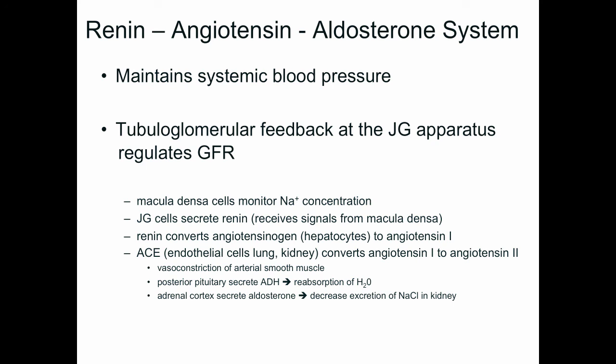The posterior pituitary will also secrete ADH, which will cause reabsorption of water, and the adrenal cortex will secrete aldosterone, which will cause a decrease in excretion of sodium chloride from the kidney. This is just an overview. You will go into this in much more detail in your physiology course.